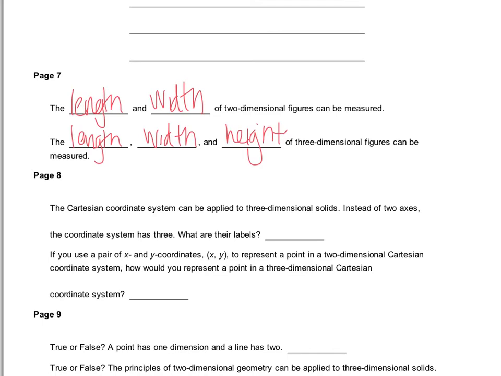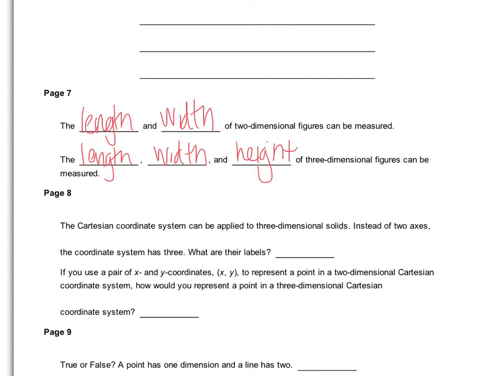So we can actually also graph in 3 dimensions. So the Cartesian coordinate system can be applied to three-dimensional objects. Cartesian coordinate system, if you recall from the 3rd chapter, is just graphing. Instead of 2 axes, the coordinate system has 3, and they are x, y, and z.